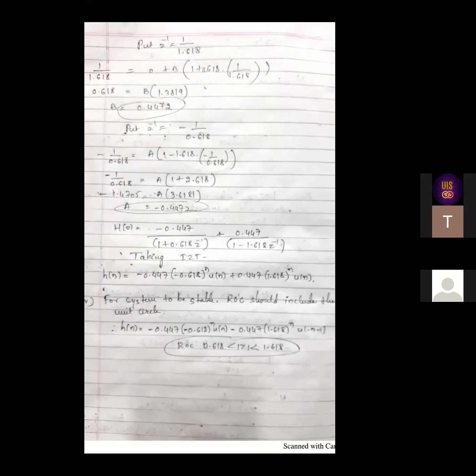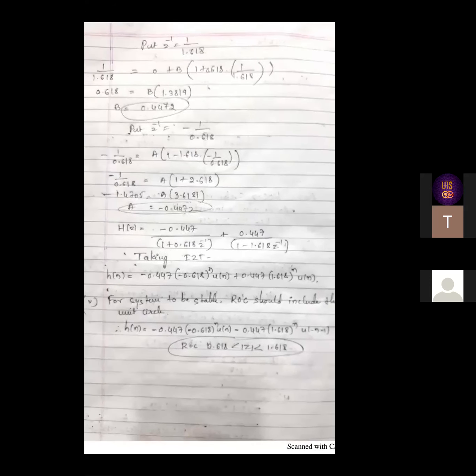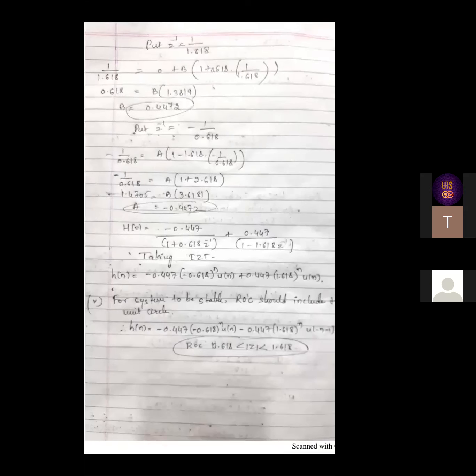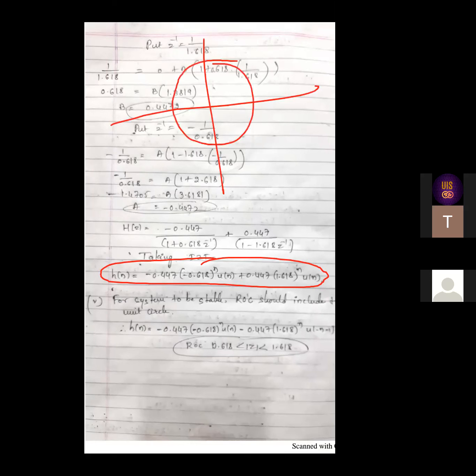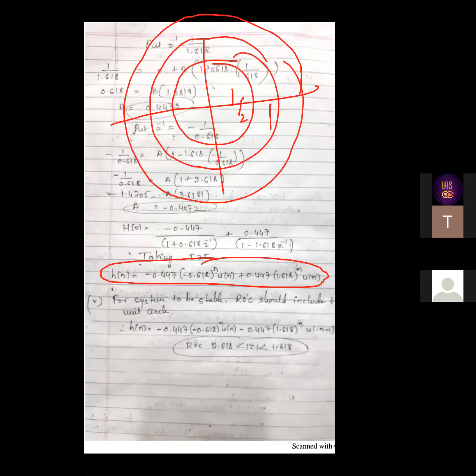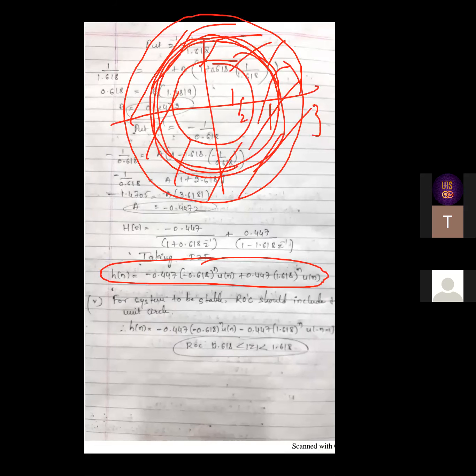Now finally, the last point: for the system to be stable, whatever h of n we have calculated just now should be modified. For a stable system, as I told you in the previous problem, if this is your unit circle, ROC must include the unit circle.